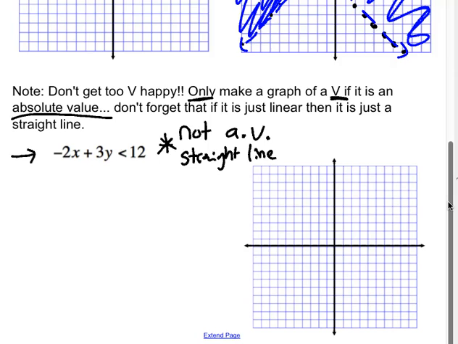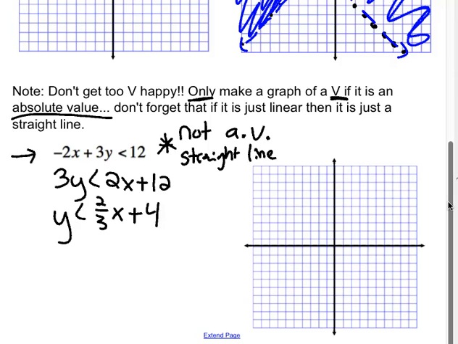So to graph just a linear function, just a straight line, remember, you still need y by itself. So add that 2x over, divide by 3, and now you can graph this just like we were doing yesterday, okay? So start up at your y-intercept, slope of 2/3, up 2 over 3, up 2 over 3, and so on and so forth.